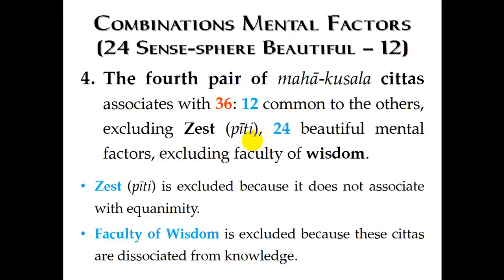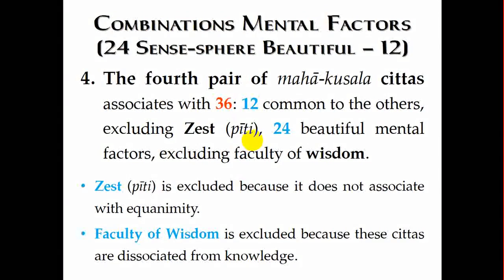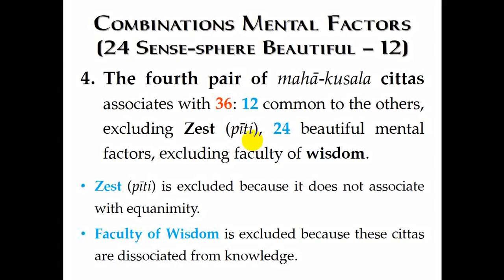So when we do a wholesome deed, all the 35 may not be accompanied. This is the way of counting the maximum number.